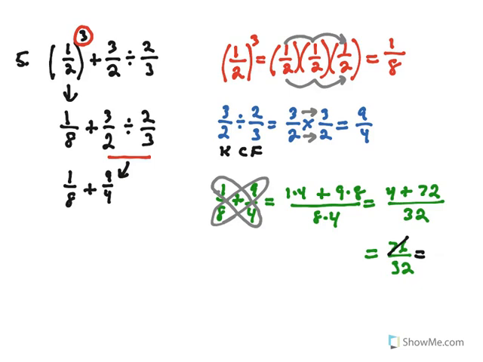Okay, 19 times. And then 4 into 32 is going to be 8. Okay, so your final answer is going to be 19/8. Okay?